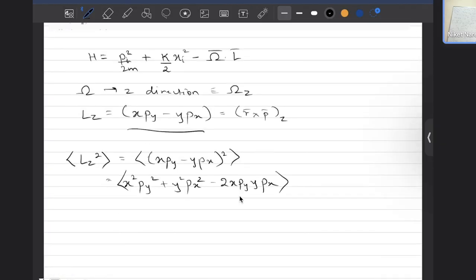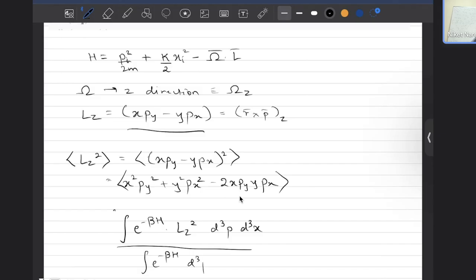Okay, so to calculate this average, what we do is simply take e raised to the power minus beta H times Lz square, integrate over dq dp, divided by the integral of e raised to the power minus beta H over dq dp.